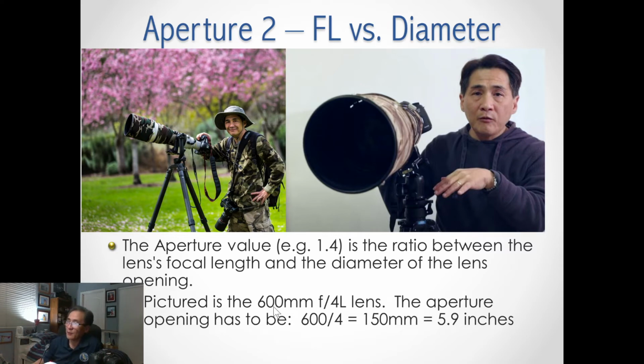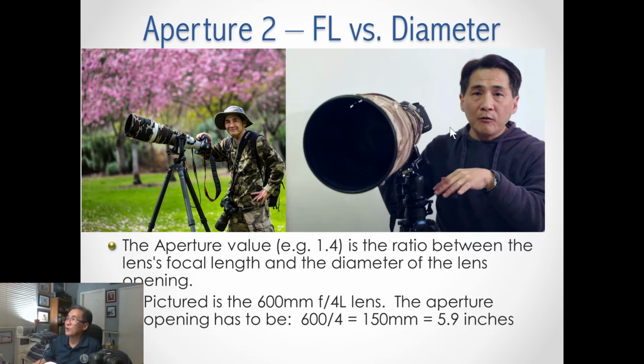In order for it to be a 600 millimeter at f4, you take 600 and divide by 4, the diameter has to be 150 millimeter, and that translates to almost 6 inches across, and that is just the opening. You have to build the structure around that.